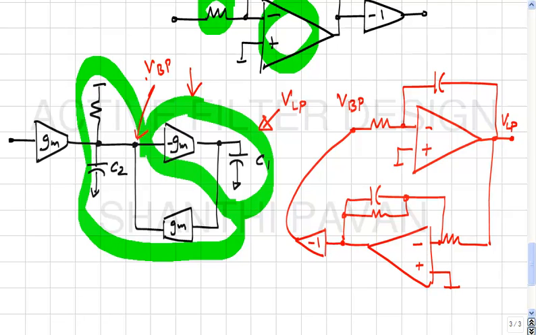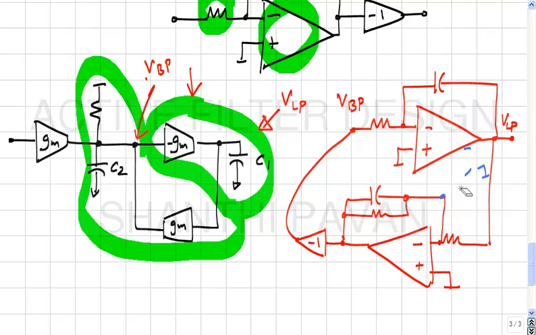So where should I inject the current? The idea is you need to add an input. Correct, so this is the input current.